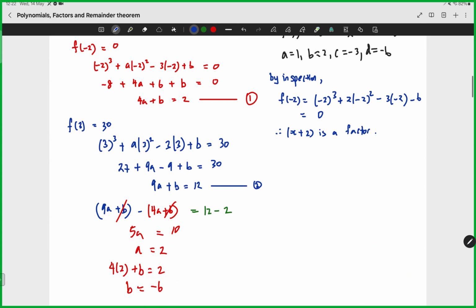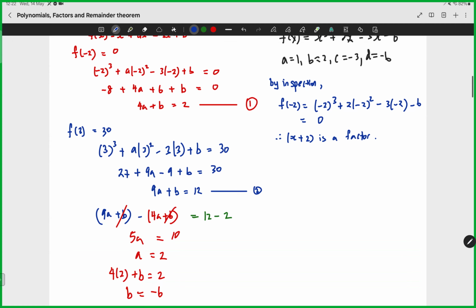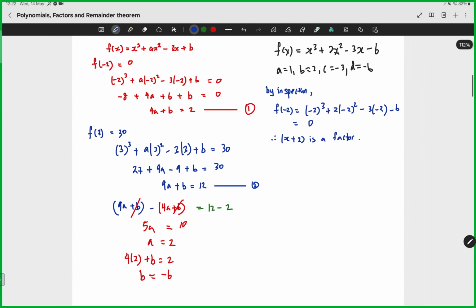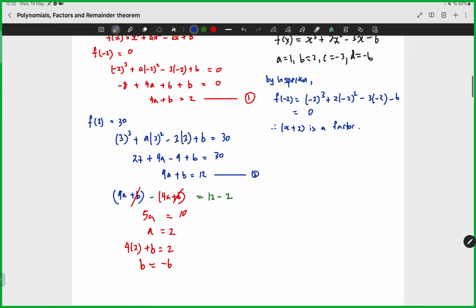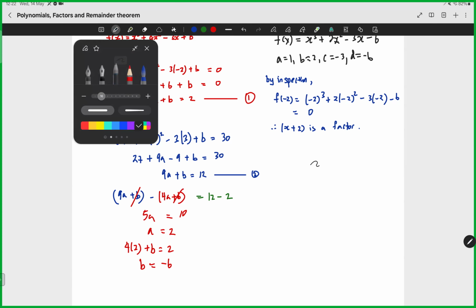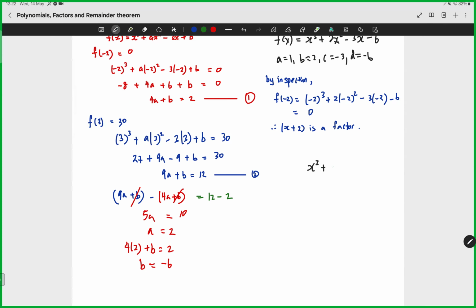So then what can we do here? You realize that when you key into the calculator, the other two roots are in decimal points. But they want me to express in surd form, so I should be able to do that. Now what do we have to do? This one we have no choice but to do long division. I'm going to divide by x plus 2.